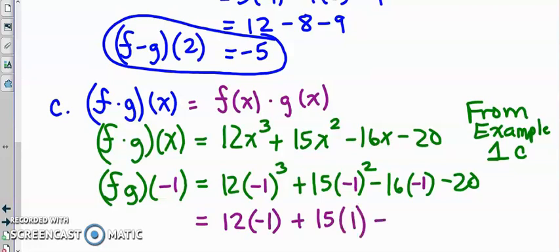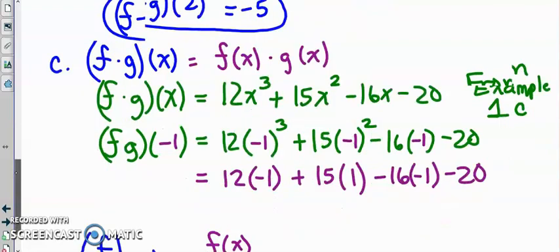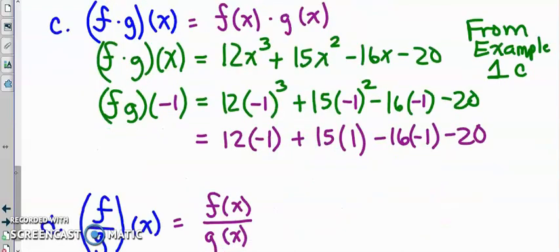And then we keep the -16 times -1 minus 20. And we're going to finish it up. So this is -12 minus 15 plus 16 minus 20. And again here, it should be plus 15. Sorry, my fault. So -12 plus 15 plus 16 minus 20.